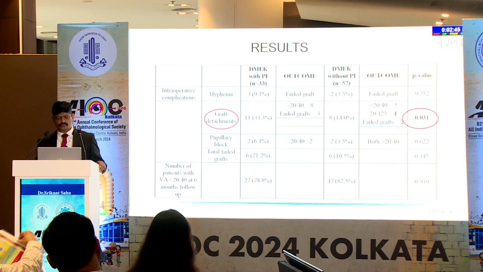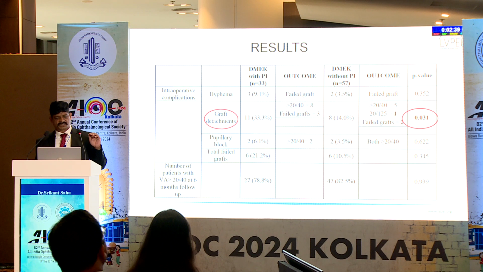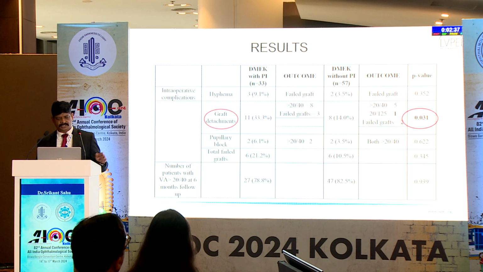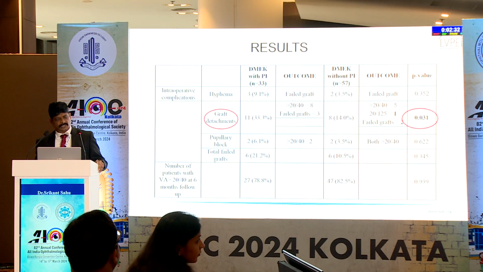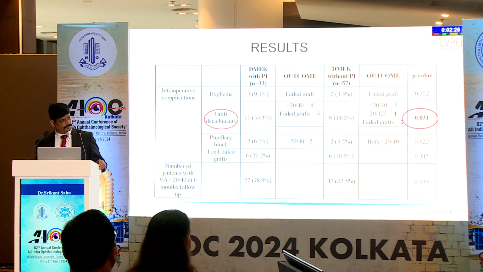Now we come down to what we saw. The hyphema, which was our main concern, was around 10% with PI and around 3.5% without PI. Though the numbers were less, it was not statistically significant. The pupillary block was again half without PI, but not statistically significant.